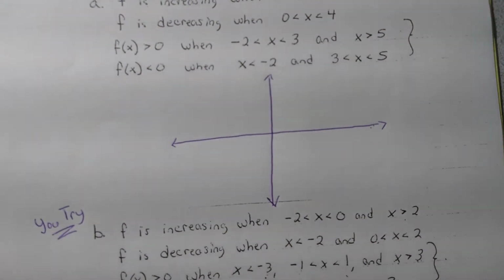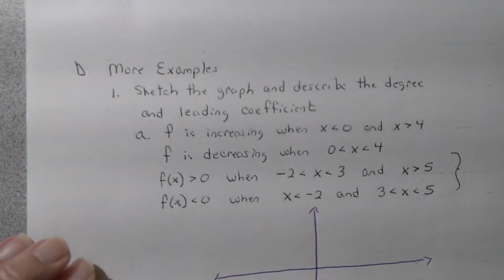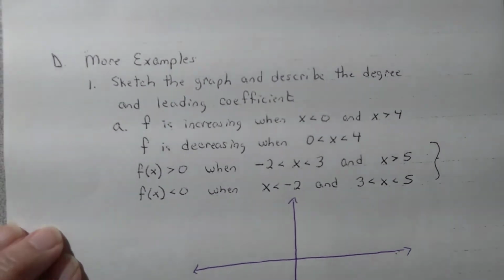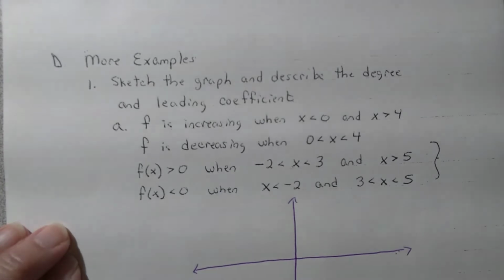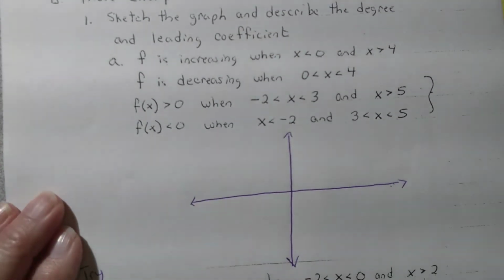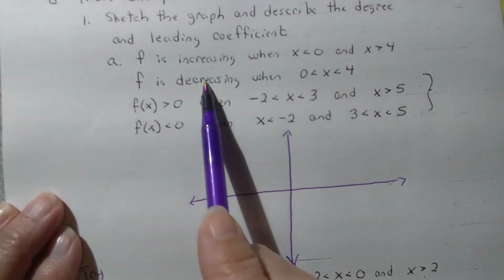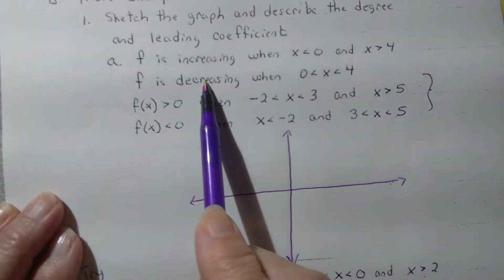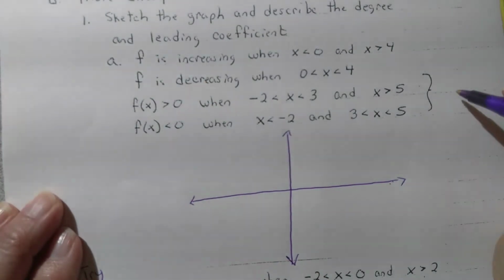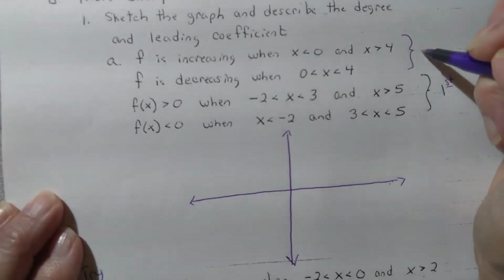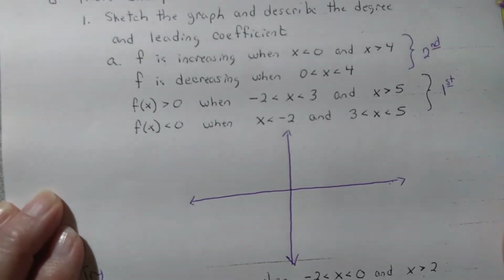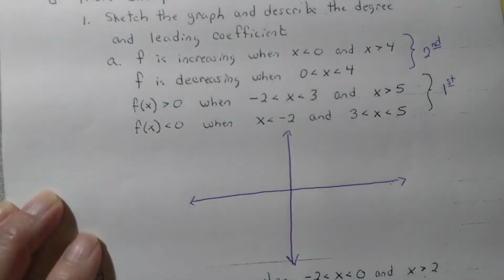So here's an example of that. We have sketching the graph and describing the degree and the leading coefficient for, okay, here's our increasing, decreasing information, so I'm going to do that second. I will do this first, and I will do that second. So the first thing I need here are all the important numbers.